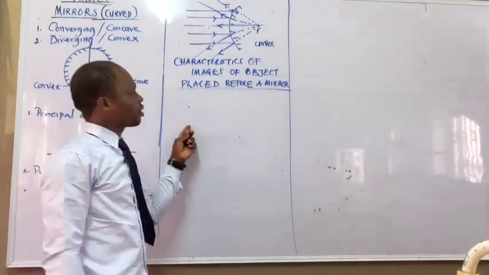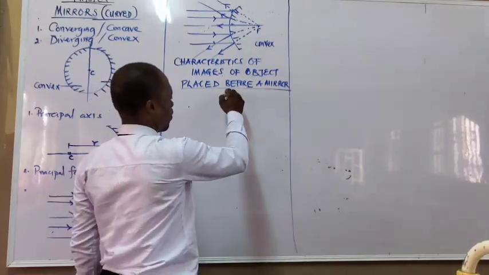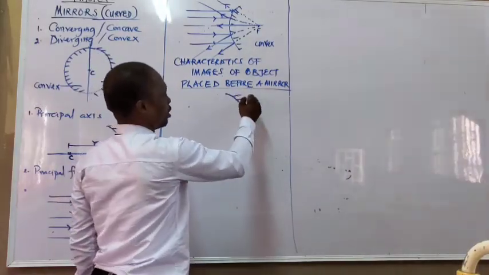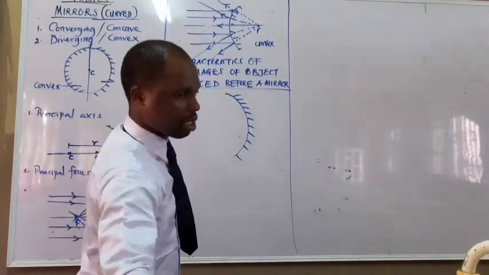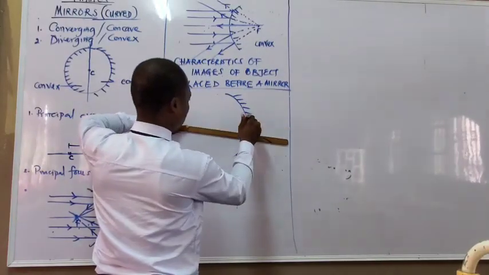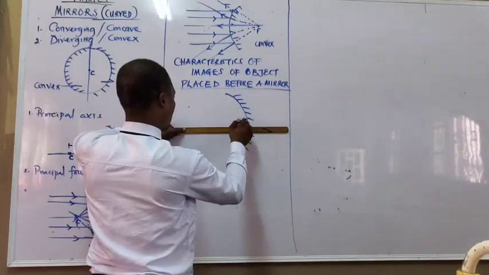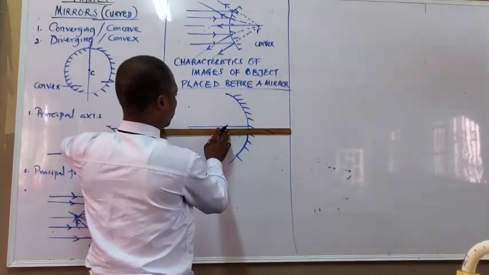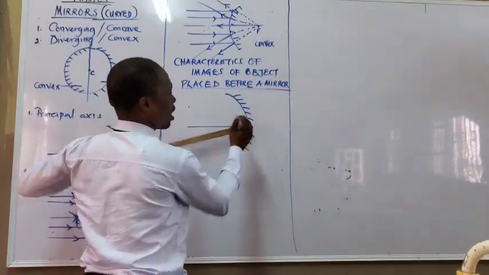Now, this will take us to ray diagram, and we need to know this is a concave mirror. I'll be using a ruler. So you're going to make sure you measure.